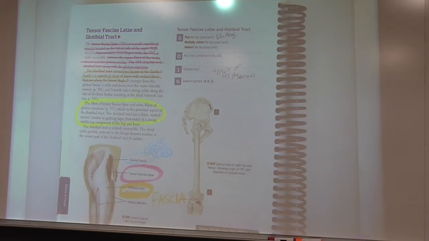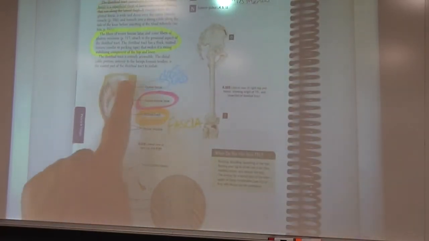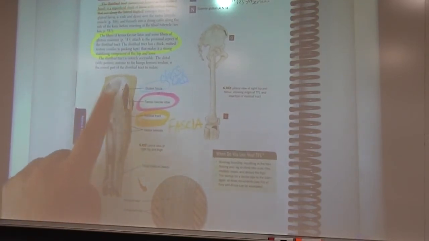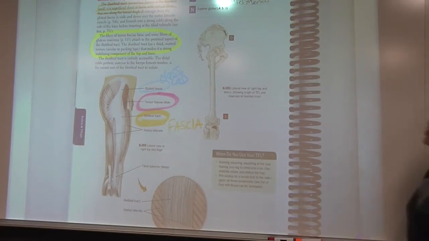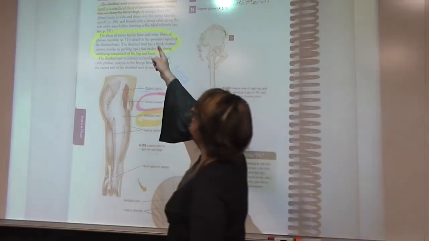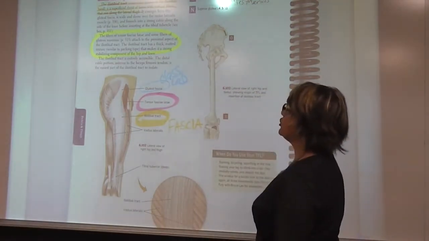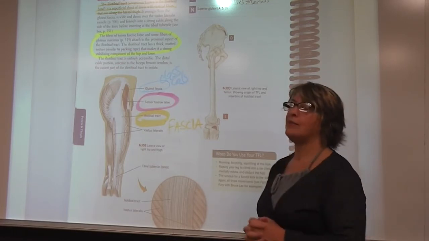The TFL attaches to the iliotibial tract along with gluteus maximus. So when you look at this left-hand picture, we're talking about all of this white stuff. Here's gluteus maximus, and then it blends down in. So let's focus in on the iliotibial tract, also known as, in the orange there, the IT band. Superficial sheet of fascia with vertical fibers that run along the lateral thigh.